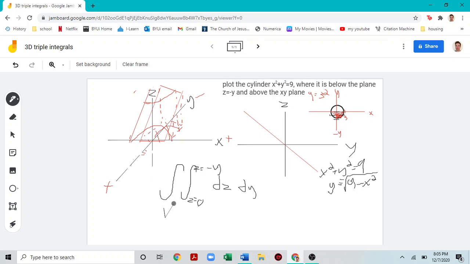So let's make the lower bound where y equals negative the square root of 9 minus x squared. And then we can see that it's going to stop at all points where x equals 0, no matter what y is. So that's going to be this, to 0. That's the upper bound.